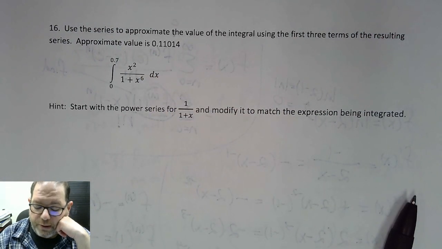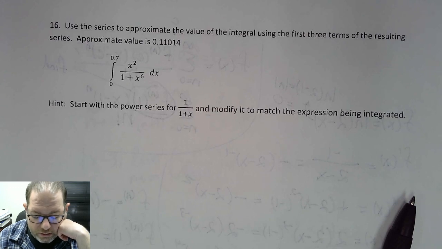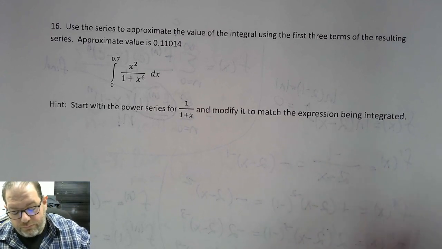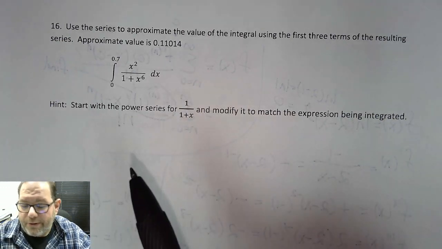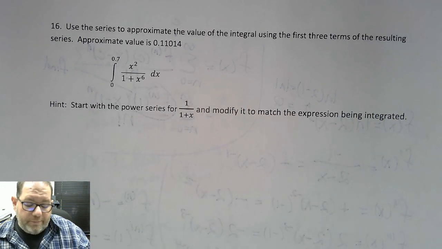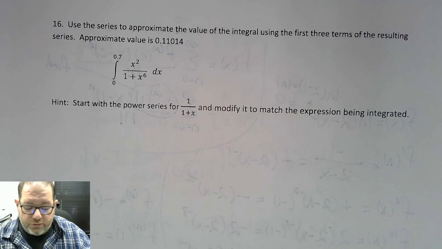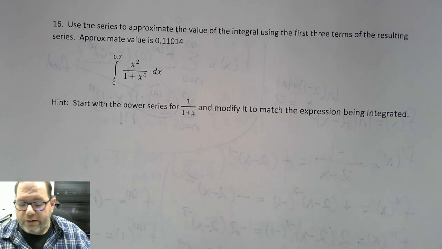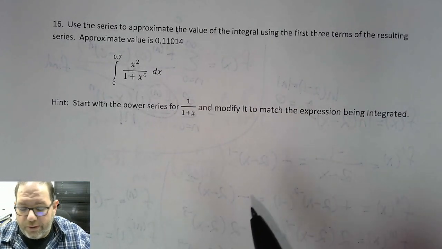There are actual methods we can use to find this integral. But rather than worrying about that here, I just went ahead and said, okay, we know what the approximate value is, so we can at least compare our answer. We should be close. It may not be great, but we should be fairly close at least. But just use the first 3 terms of the resulting series as an alternative to getting a desired level of accuracy. Because it turns out for this function, it's going to take a while.